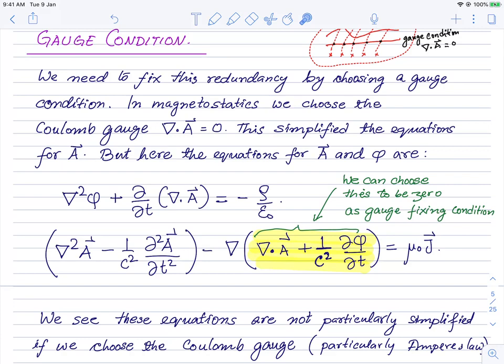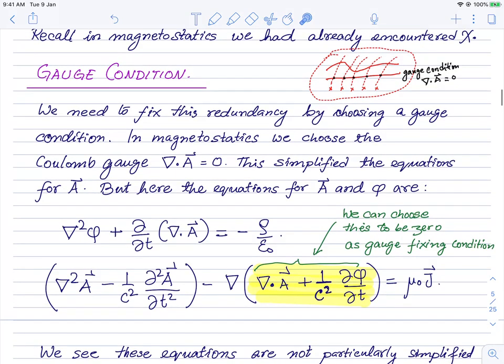But I must emphasize here that even in the dynamical scenario, this is very important, so please note carefully: the Coulomb gauge condition is a completely valid condition. But it so happens that there is another gauge condition that we can also choose, and this is basically setting this term to 0, and that has a name.